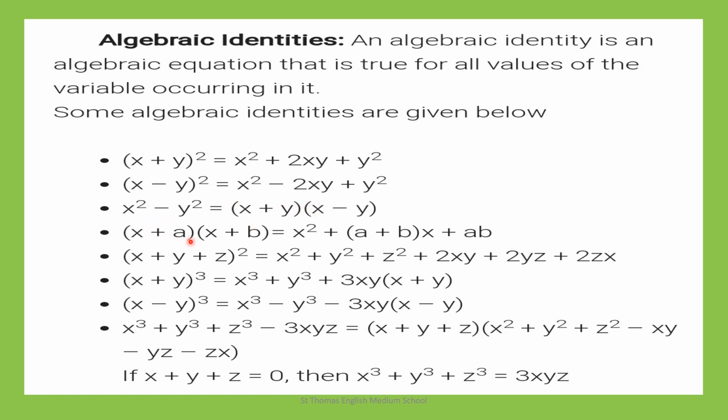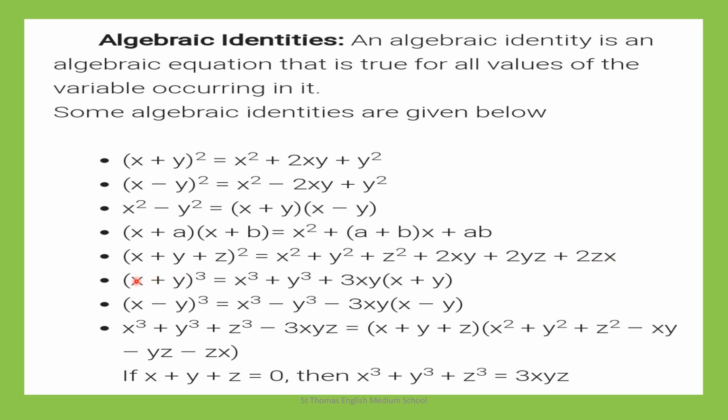Then x plus a multiplied by x plus b, that is equal to x square plus a plus b multiplied by x plus ab. And the fifth identity is x plus y plus z whole square equal to x square plus y square plus z square plus 2xy plus 2yz plus 2zx.